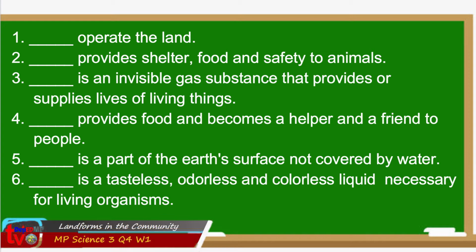Blank provides food and becomes a helper and a friend to people. Number 5. Blank is a part of the Earth's surface not covered by water. Number 6. Blank is a tasteless, odorless, and colorless liquid necessary for living organisms.